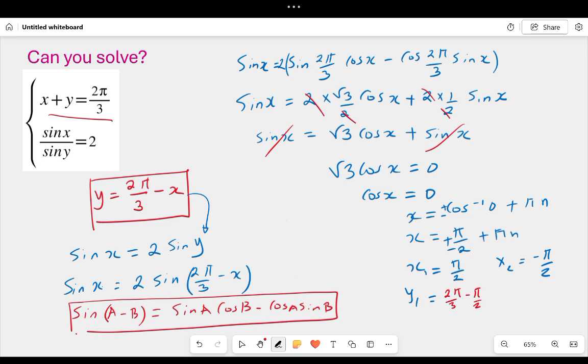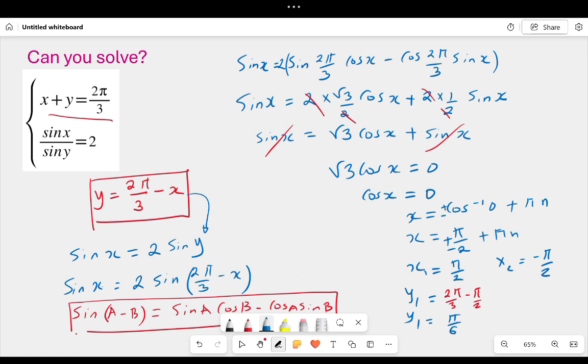By doing a subtraction here, it's going to be pi over 6. So y1 in this case will be pi over 6.